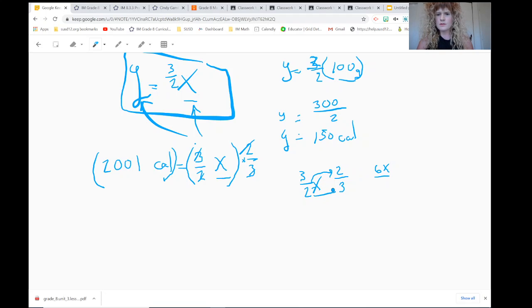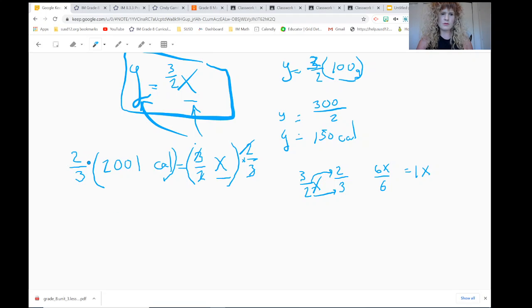And then 2 times this 3, that is 6. So 6 over 6 equals 1, so this equals 1x. That's why I'm multiplying by 2 over 3. The 2's cancel out and the 3's cancel out. But I have to do the same thing on this side of the equation to keep the equation balanced.